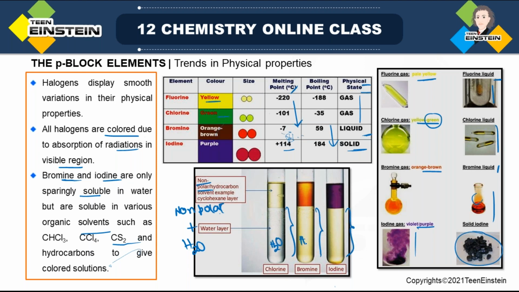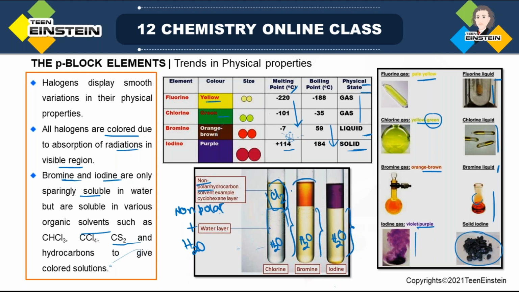And as solubility in organic solvent is high, when you add a hydrocarbon solvent, that is an organic solvent, and you shake the test tube and keep it for some time, there will be layer separation. You can see this part is more clear, but in this part there is some chlorine present. So all the chlorine is now moving towards the organic solvent.